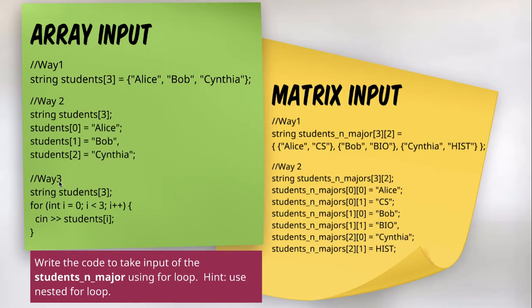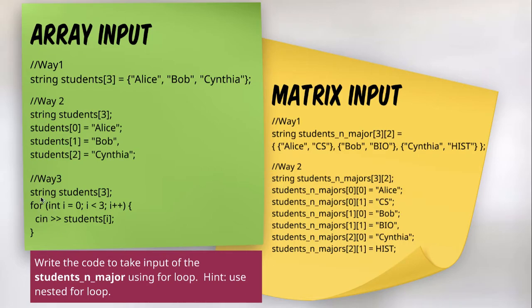The third way is utilizing a loop. This type of initialization is very useful when you want your array to be populated by user input instead of input inside the program itself.